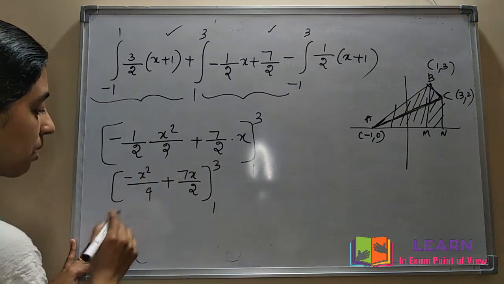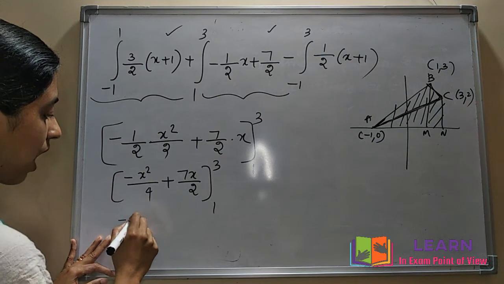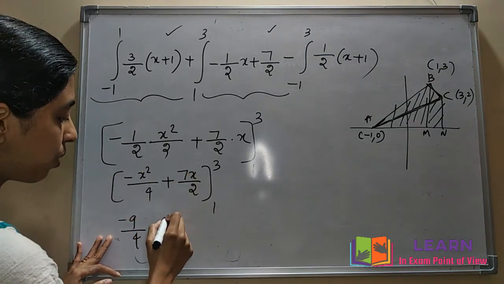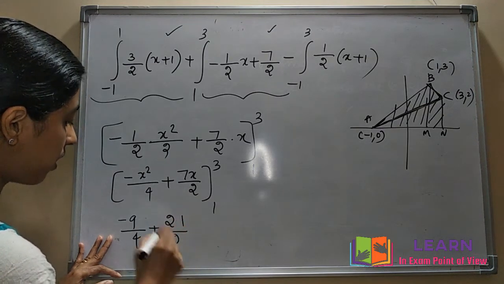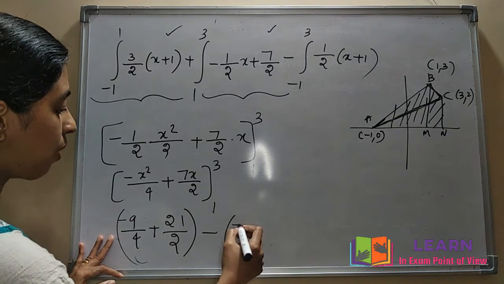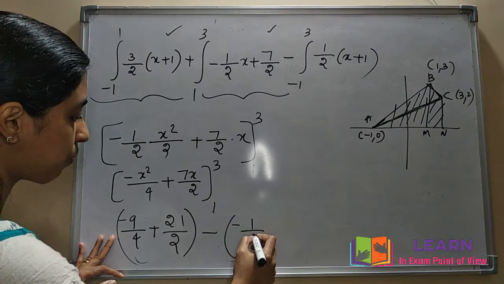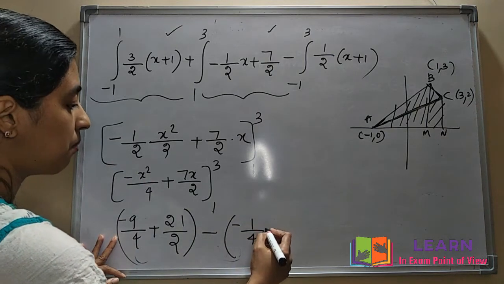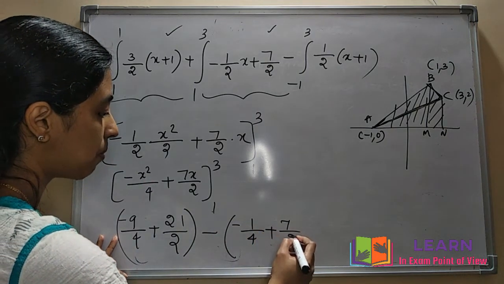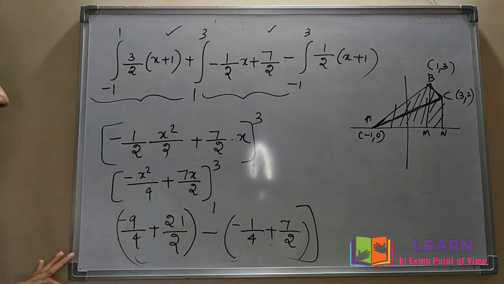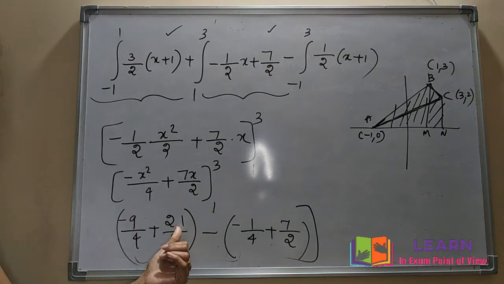Okay. Upper limit: minus 9 by 4 plus 3 into 7, 21 by 2, right? First upper limit, minus 1, applying we have minus 1 by 4. There is already a negative sign, okay? Plus we have 7 by 2. This is minus 9 plus 21, right?